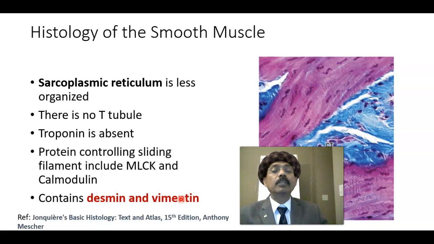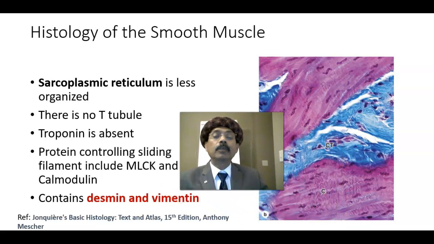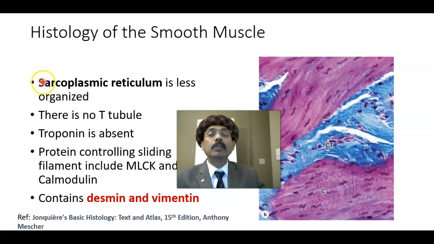Dense bodies are present inside the cytoplasm of the smooth muscle cell near the cell membrane. The cell membrane is also called sarcolemma. So sarcolemma is the cell membrane, and sarcoplasmic reticulum is the smooth endoplasmic reticulum. Smooth muscle fiber is the same as smooth muscle cell.